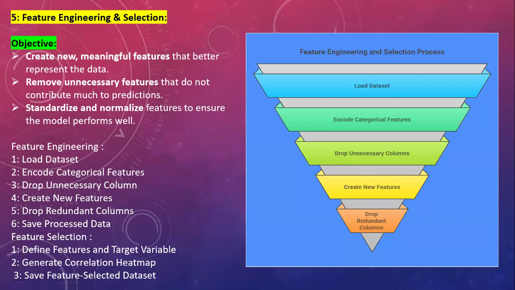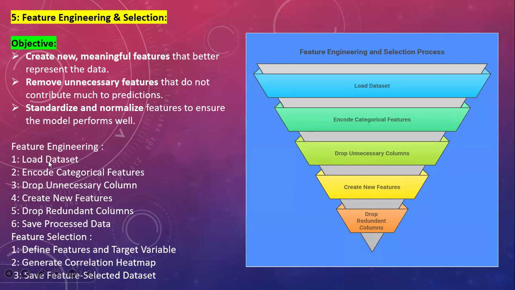We also need to remove unnecessary features that will not have a good impact on our model's predictions. And we need to do some standardization and normalization, since these make the model more effective. These are the tasks we have done for the feature engineering step.